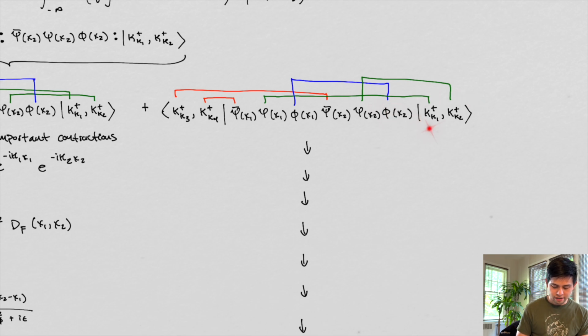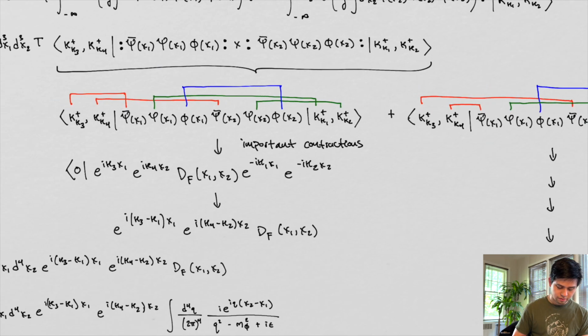They cannot contract with these guys because, again, we're defining these particles to be complex in nature, right? So these are the complex scalars. So we contract the real scalars with each other. Same thing goes for here. We're contracting the real scalars with each other.